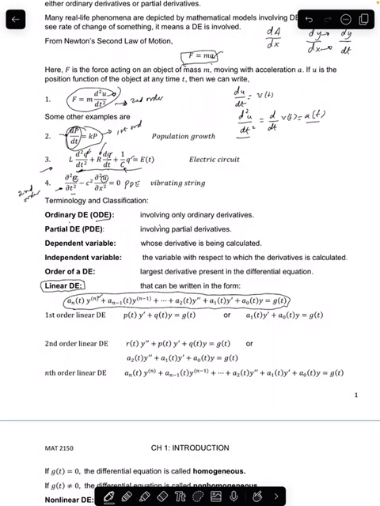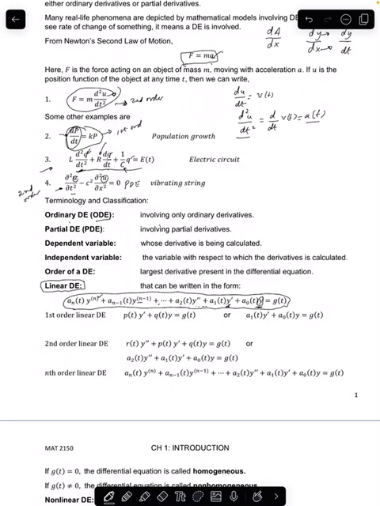It could be 100, it could be 2000, whatever. And then this is one less, and one less, and one less, until we come to the first derivative here, and here it is showing the zeroth derivative. The zeroth derivative we say is the function itself, or whose derivatives are being used.